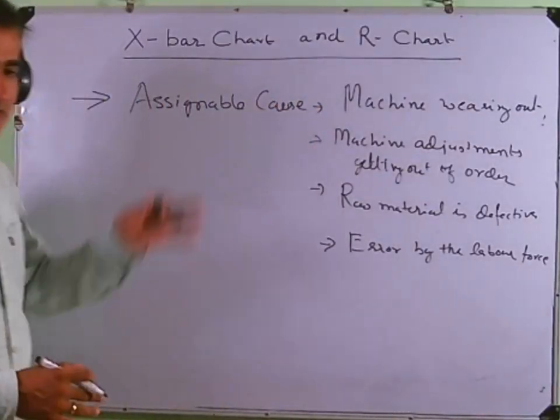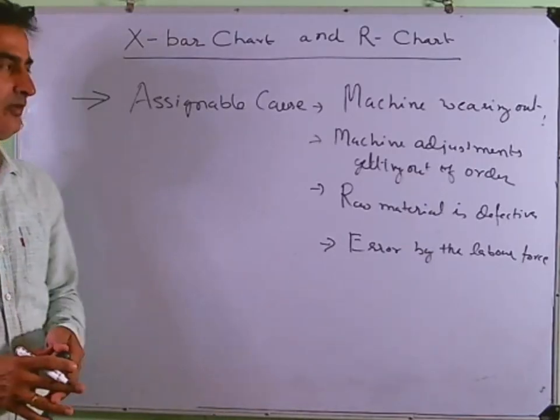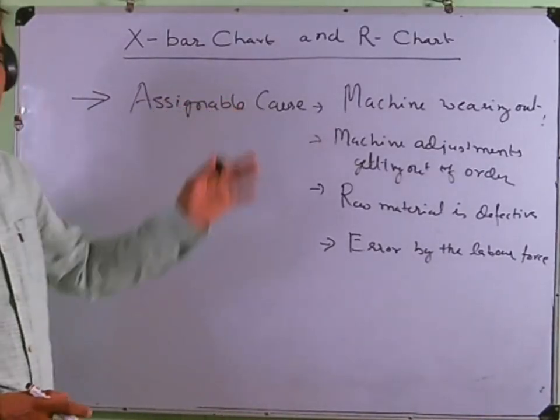When these factors, these causes actually lead to the poor quality of output, then these causes are called assignable causes.